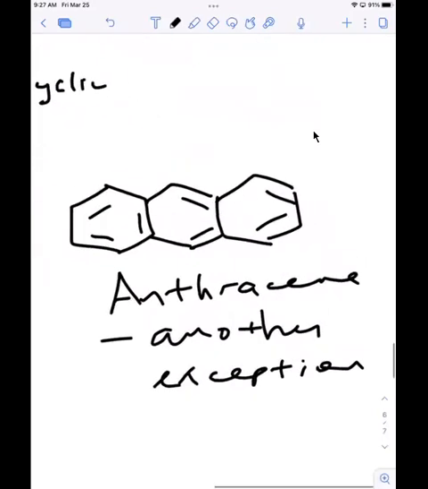And then, let me fix these double bonds that look sloppy, this compound here, anthracene, is also an exception. So you do have exceptions to the monocyclic rule, but as long as the other criteria are met, then we can live with it not being monocyclic, because really the aromaticity is based on that conjugation and how those orbitals are able to overlap.